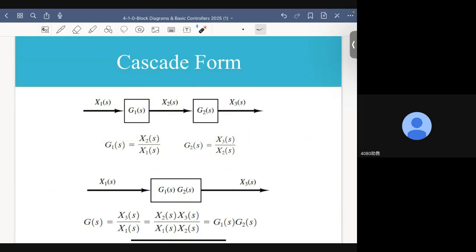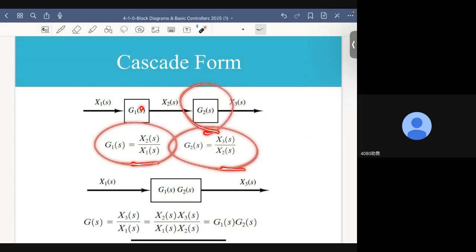For G1, the input is X1, and the corresponding output is X2. The output of G1 is the input of G2, and the output of G2 is X3. G1 represents the transfer function of the first system, and G2 accordingly represents the transfer function of the second system.